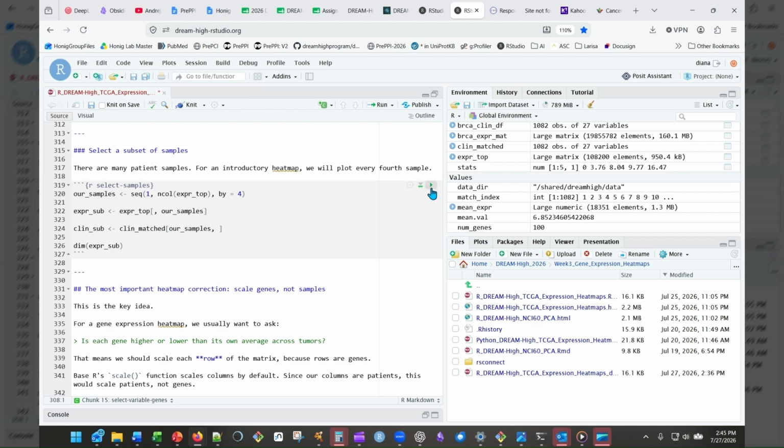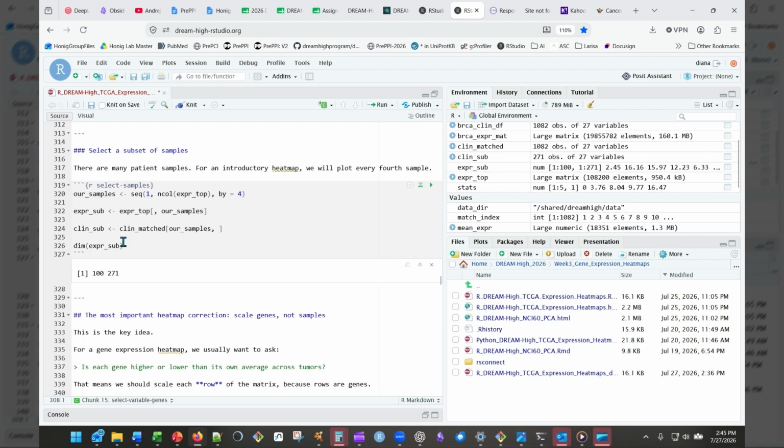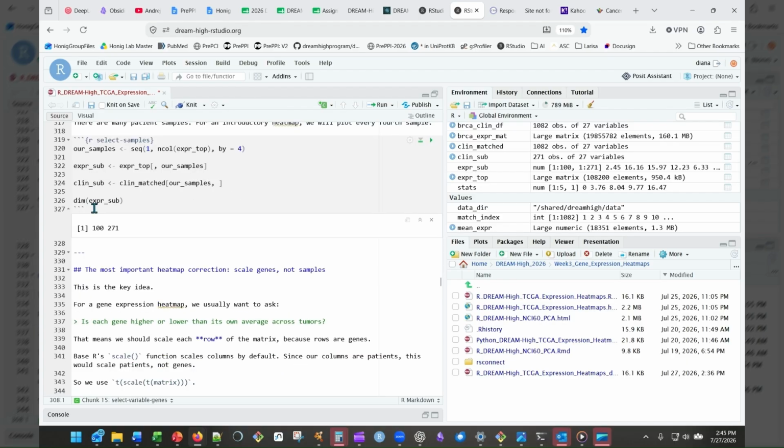So now the dimensions of our sub-expression matrix is 100 genes by 271 patients, so 100 rows and 271 columns.